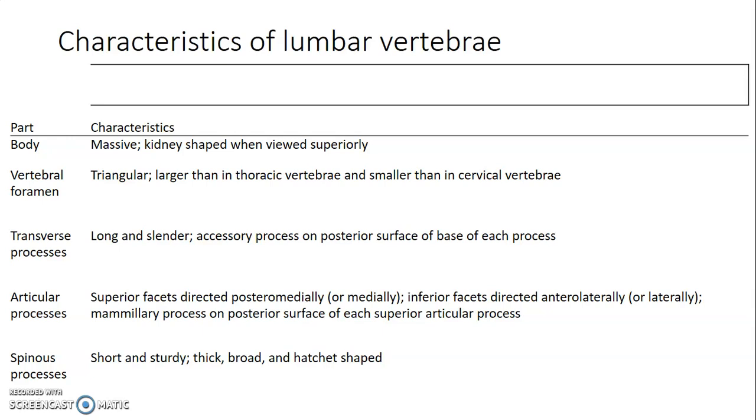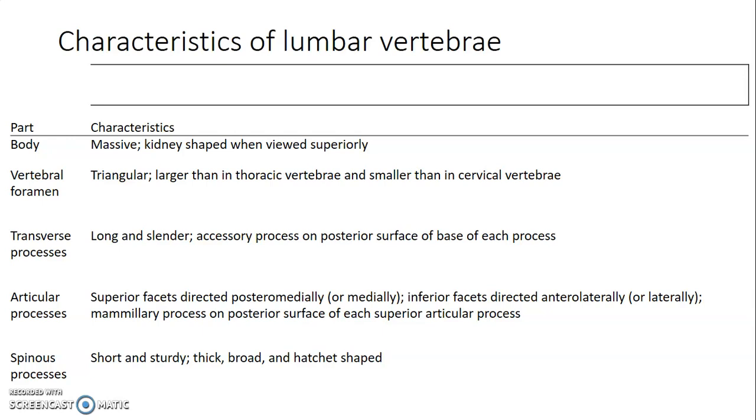Transverse processes of lumbar are long and slender, and they contain accessory processes on the posterior surface. Then articular processes, the superior ones face posteromedially, while the inferior ones face anterolaterally. Then the spinous processes are short and sturdy, thick and broad.